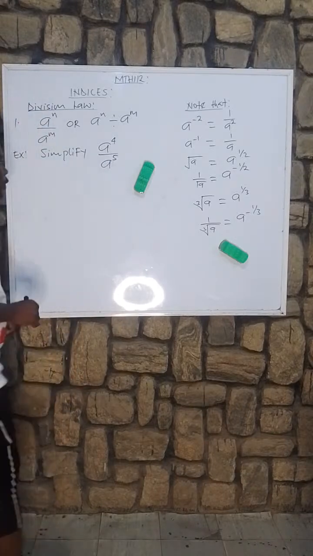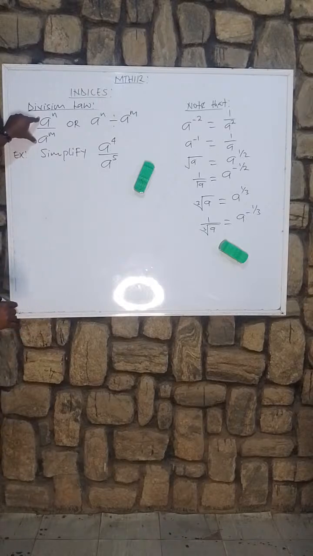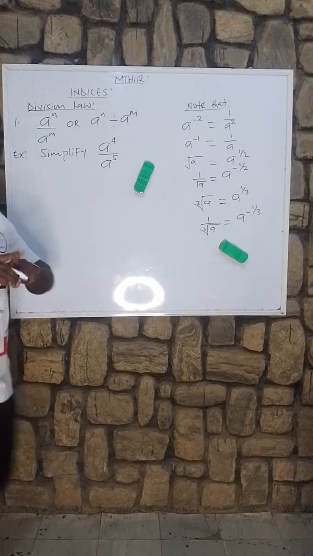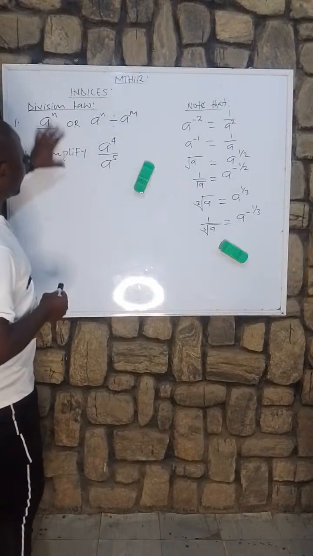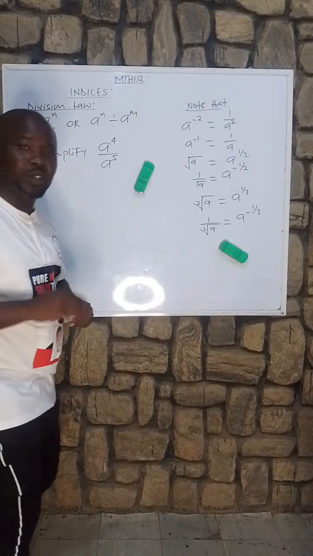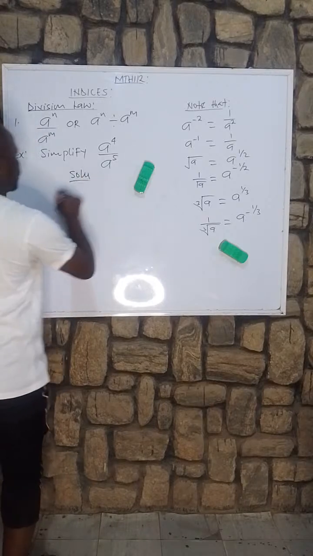You know, in the multiplication laws, it states that if the bases are the same, you subtract the powers. Is that clear? If the bases are the same, you do what? You subtract the power. So let's write the solution.